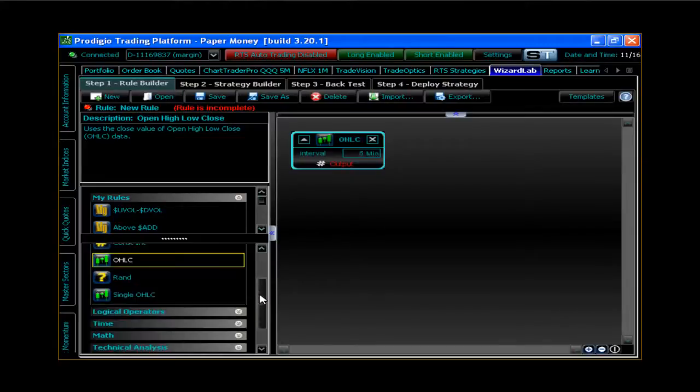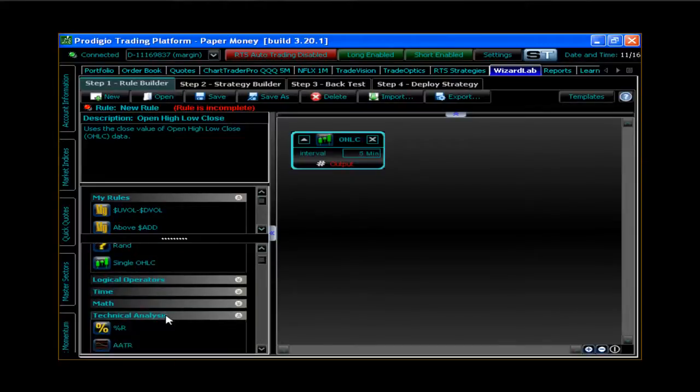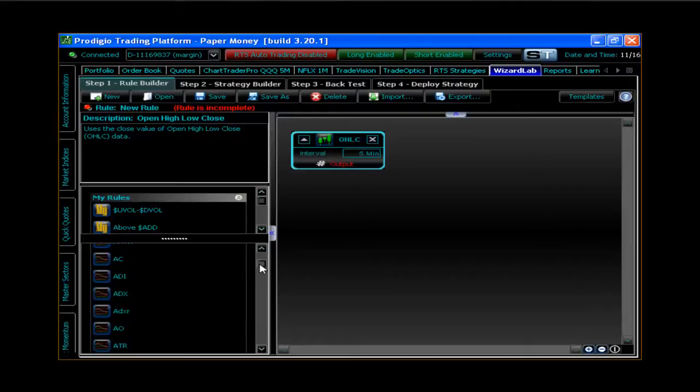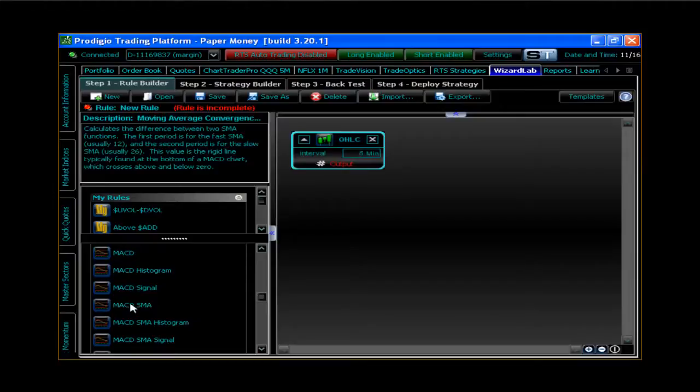So I'm going to go down into technical analysis. Technical analysis has a study for MACD, and these are sorted alphabetically. If I go down into MACD, there's a couple different kinds of MACDs. This is the classic MACD, which uses exponential moving averages.